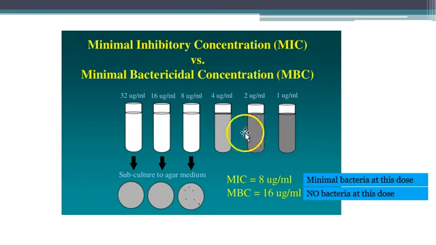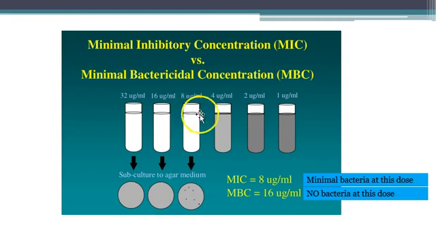You can see an attenuation or reduction of bacteria, judging by how dark these test tubes are. By 8 micrograms per ml, the solution is more or less clear, and you can only see bacteria when you subculture a couple drops of this solution onto agar. Likewise, at 16 micrograms per ml, we see no bacteria being subcultured.